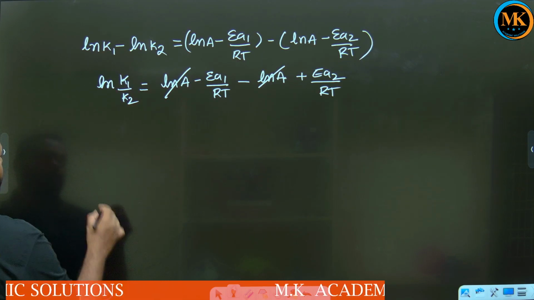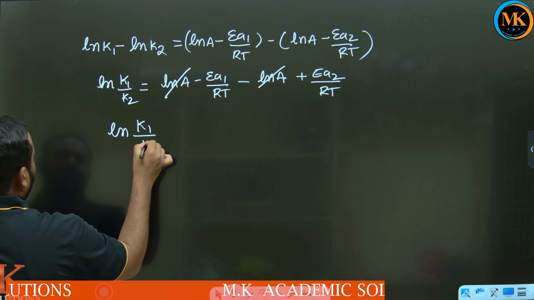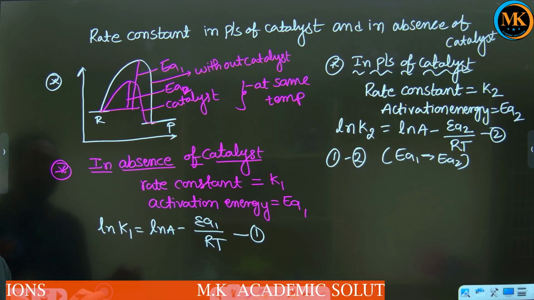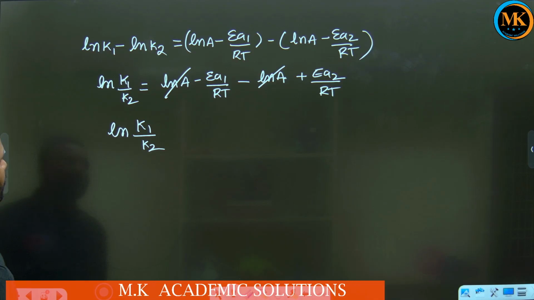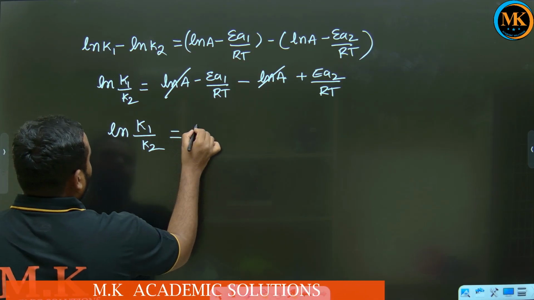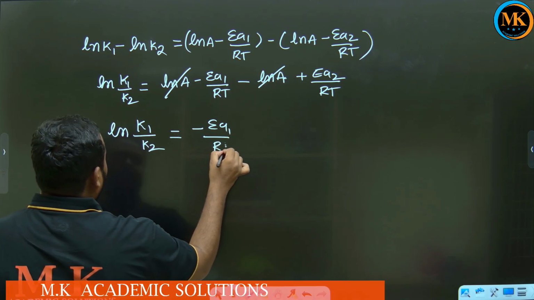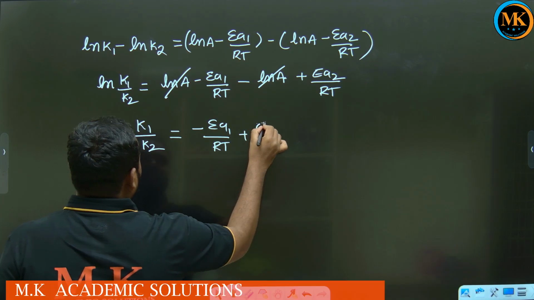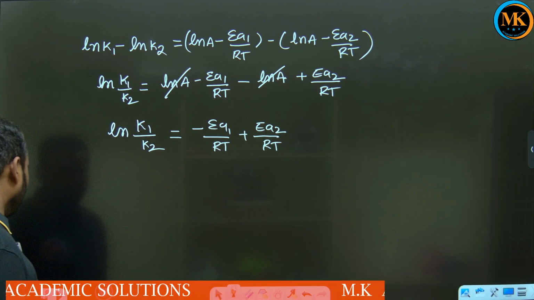Right. No problem. Okay. So ln K1 by K2 equals minus EA1 by RT plus EA2 by RT.